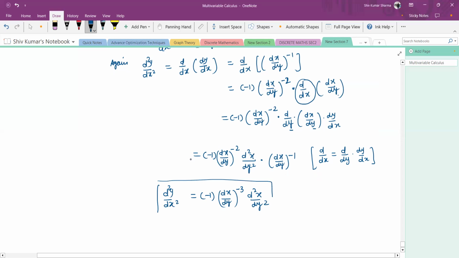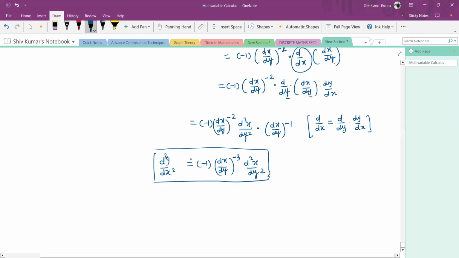So when we change the independent variable x to dependent variable y, we put the value of d2y over dx square as -1 (dx upon dy) raised to the power -3 into d2x over dy square.